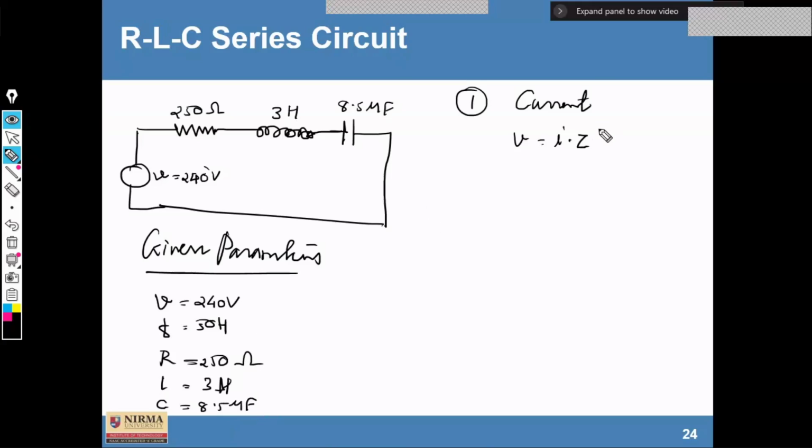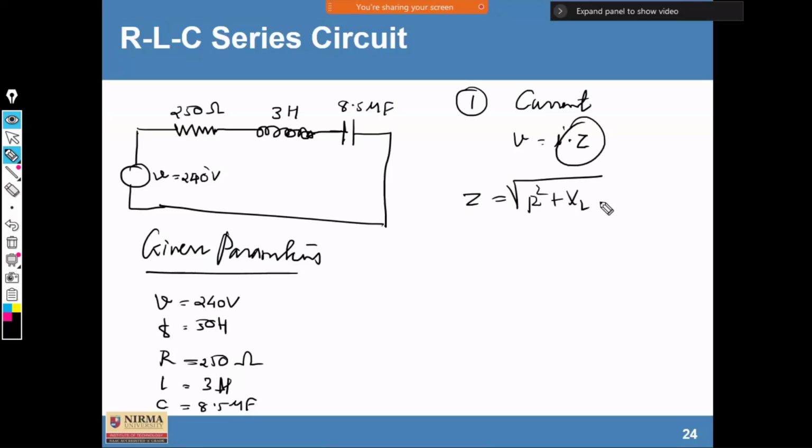Now, for the case of current, we can calculate Z is equal to under root of R square plus (XL minus XC) square. Here, whether it is XL minus XC or XC minus XL, that would be required to find out. First of all, we need to find out XL.